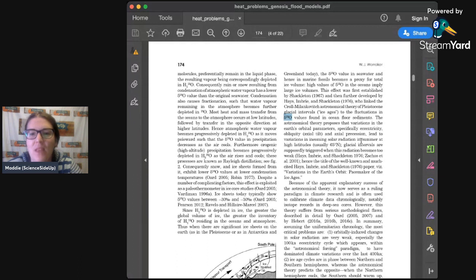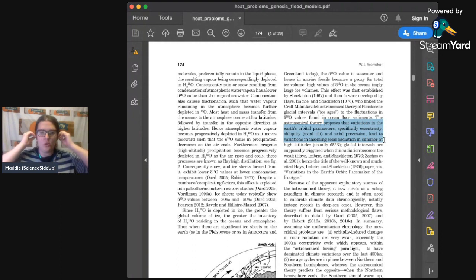Okay. The astronomical theory proposes that the variations in the Earth's orbital pattern, specifically eccentricity, obliquity, and axial precession, lead to variations in incoming solar radiation in the summer at high latitudes. Glacial intervals. Well, okay, yes, that's true, but sorry, that's an oversimplification.